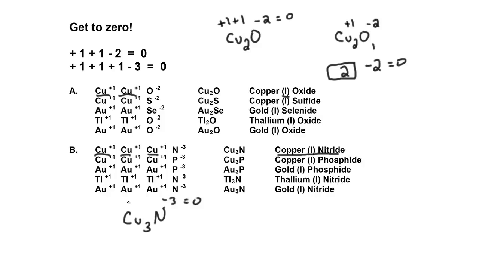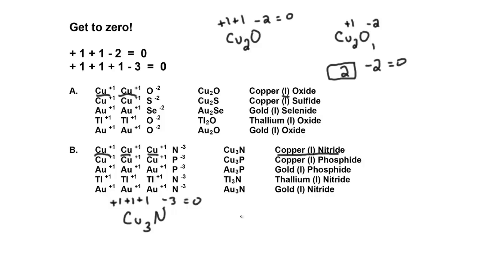So 3 of these charges, minus 3 equals 0. What possible values could we get for copper? Our math equation says that they all have to be plus 1s. If I have 3 of the plus 1s, that's a positive 3, minus 3 equals 0. That's what's going to do it for me. So this method works great.